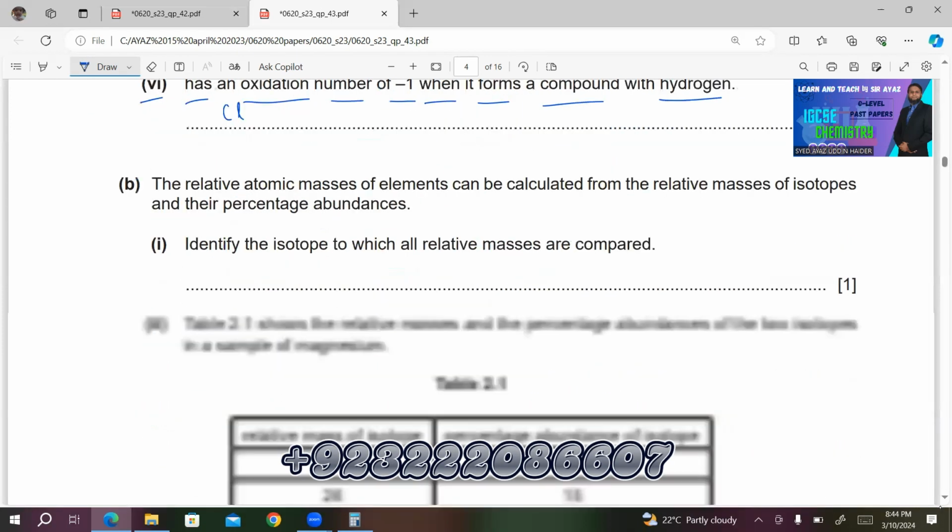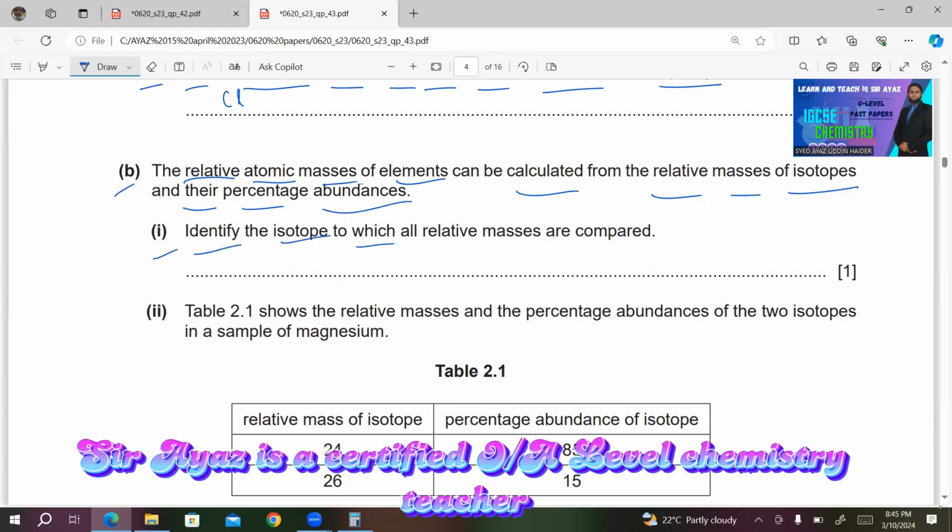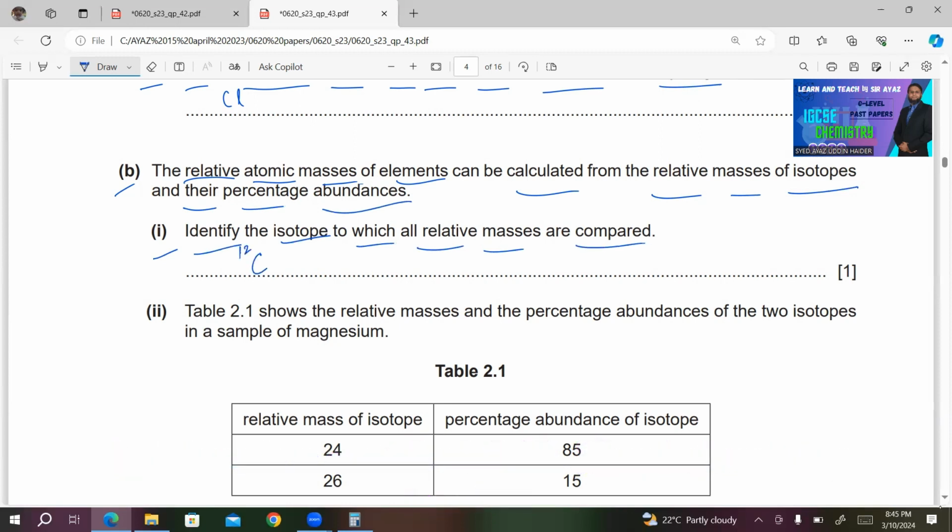Moving to the next part, B. The relative atomic masses of elements can be calculated from the relative masses of isotopes and their percentage abundances. Number 1, identify the isotope to which all relative masses are compared. It's carbon 12, so you'll write carbon 12.